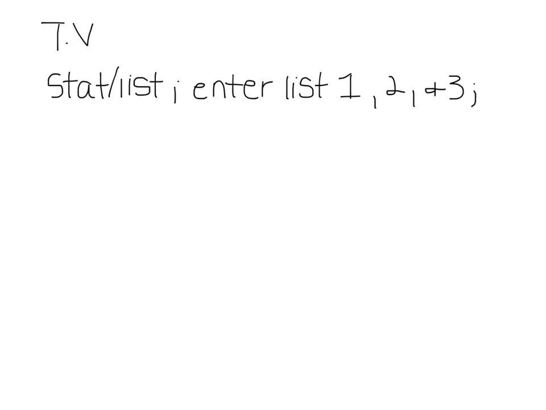The next step is finding the test value. You can also do this on your calculator, so you're going to want to go to Stat Editor and enter list 1, 2, and 3. Next, click F6 and scroll down to see ANOVA.